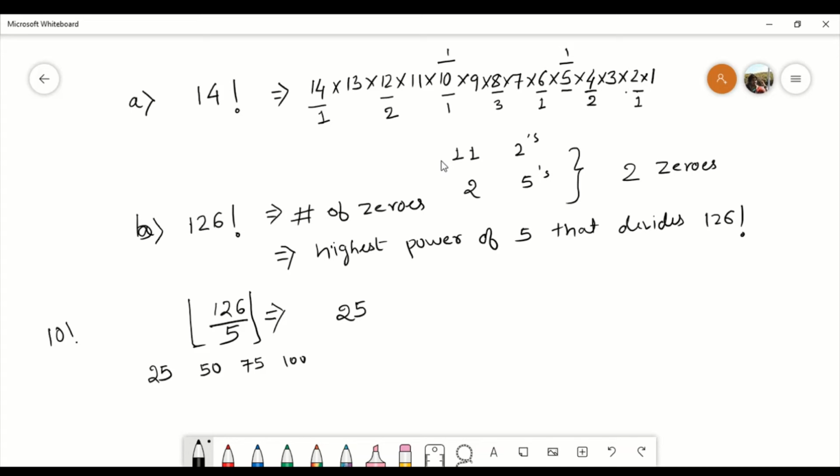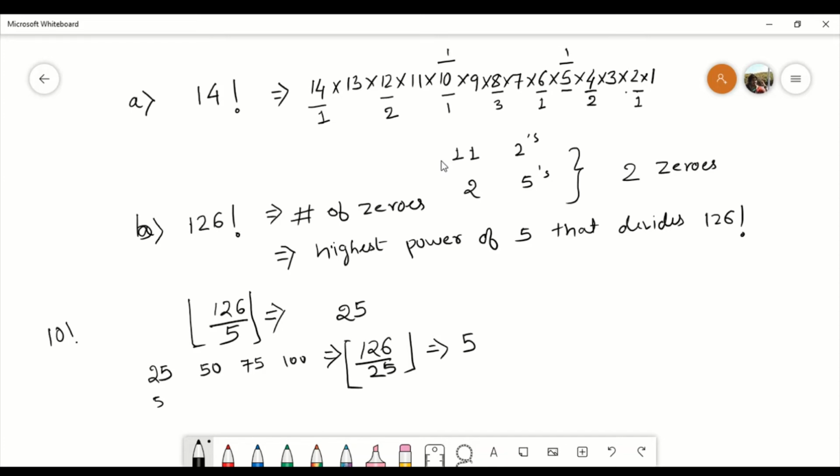Because 1 we have already counted, so in this 25, one 5 we have already counted in this case, but the other 5 that we are getting in these intervals will give us one extra 5. So we also have to do 126 upon 25 to get those extra fives, which is 5.